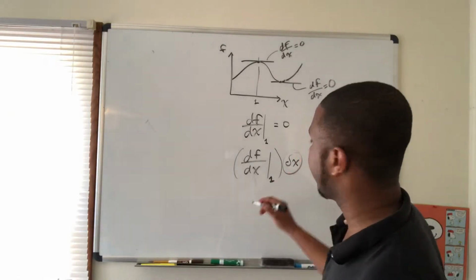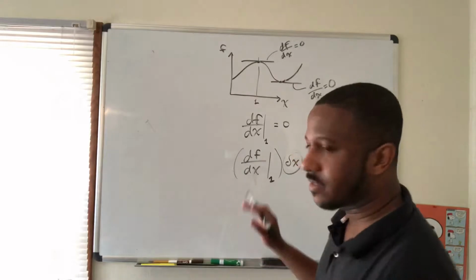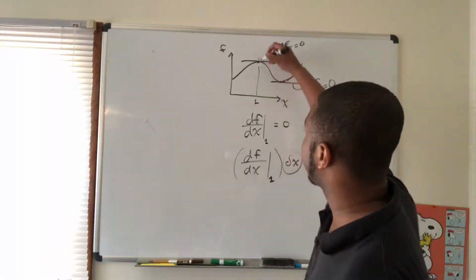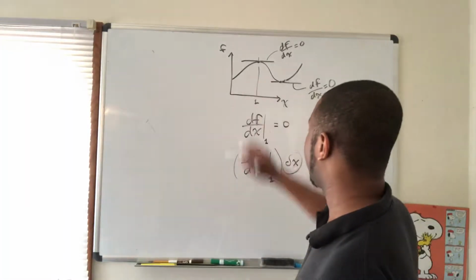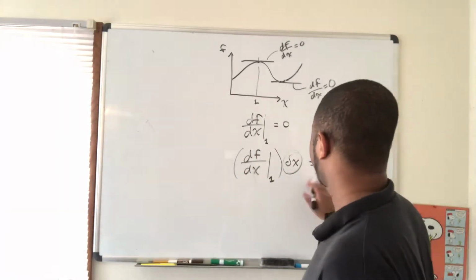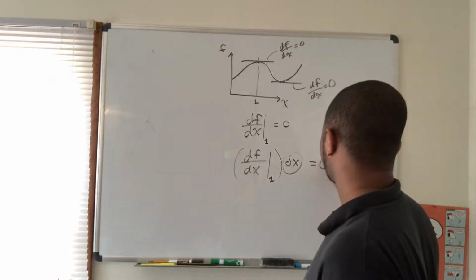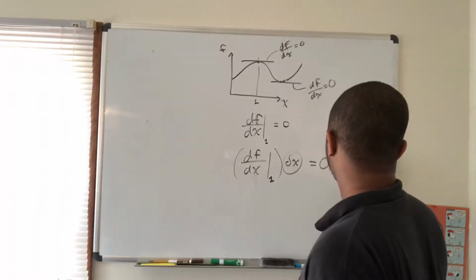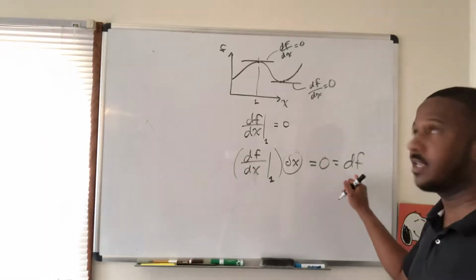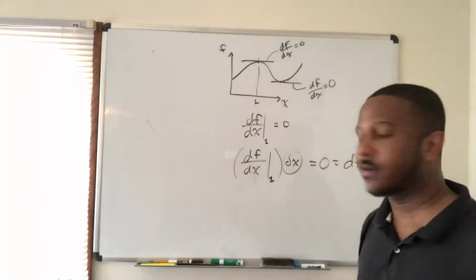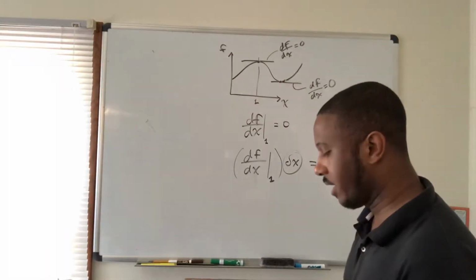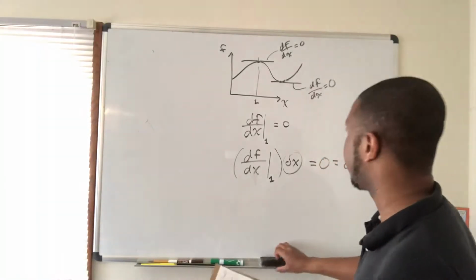I think this is very important to understand. If you're still at that point and you move an infinitesimal amount, that change is equal to 0, but that's also equal to df. So that change df doesn't change, it's 0. That's a key point to understand.